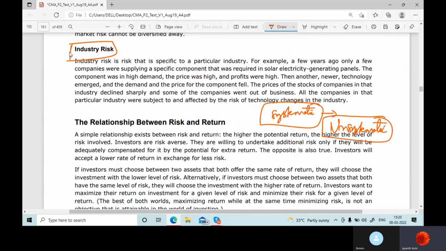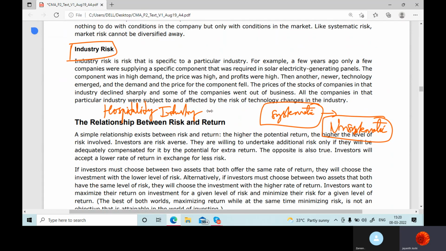Industry risk: suppose you're investing in a particular industry. Suppose you have invested heavily in the hospitality industry, that is hotels and all, like JW Marriott, you have the Taj Group. There are various hotels available in India, and international brands also are there. Accor Hotel Groups, Novotel and all, they come under this.